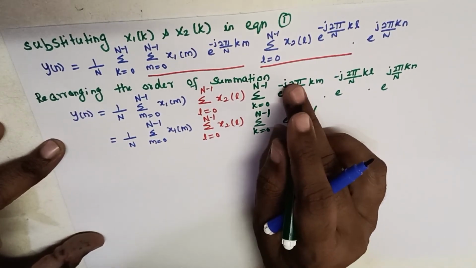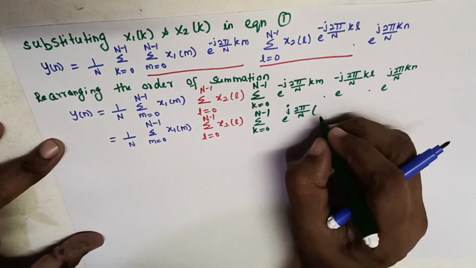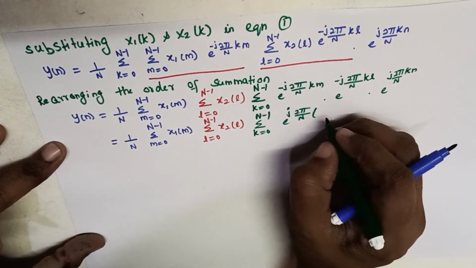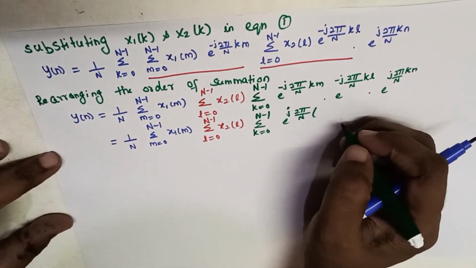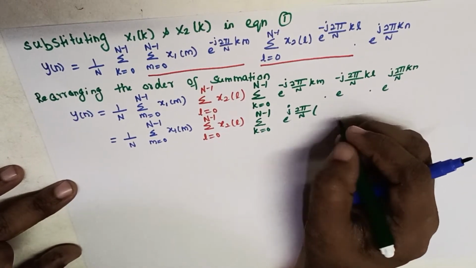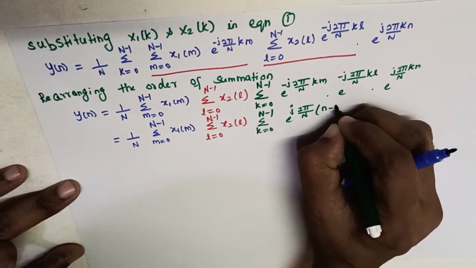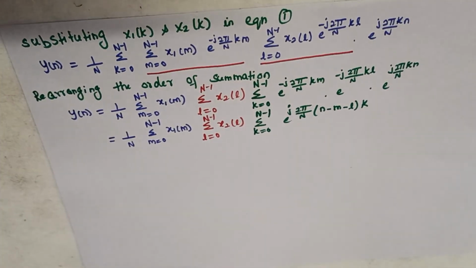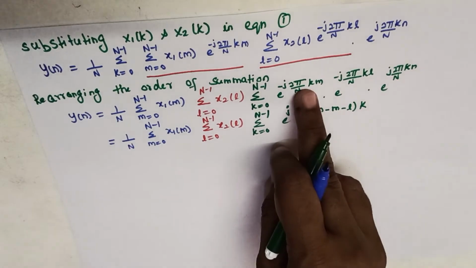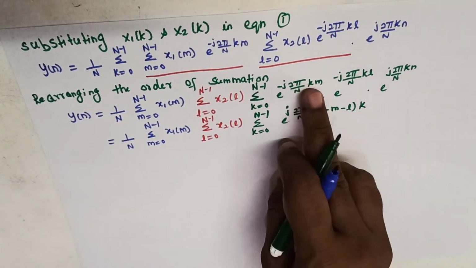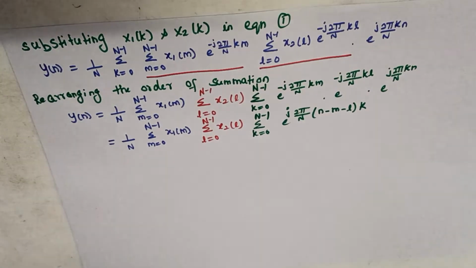Taking this e power j 2 pi by n as common, we can write the remaining variables as n minus m minus L into k. e power j 2 pi by n, k is common here. So we can write this n minus m minus L. Okay.